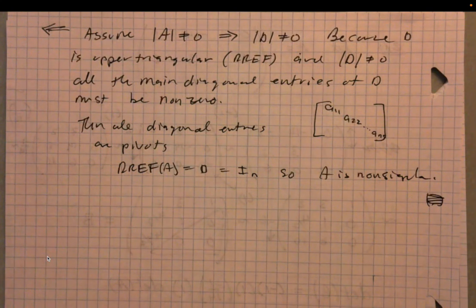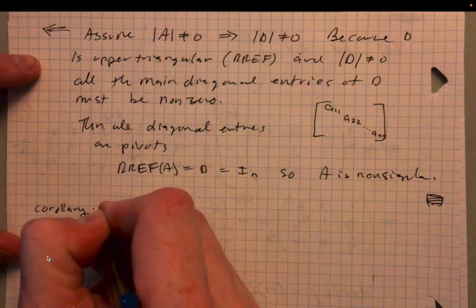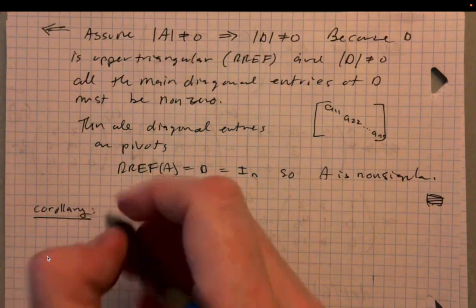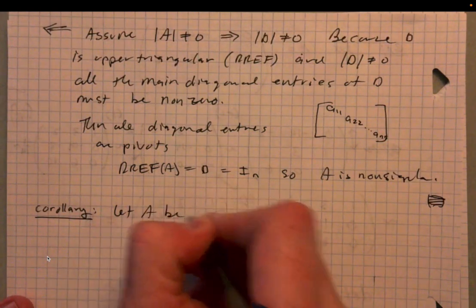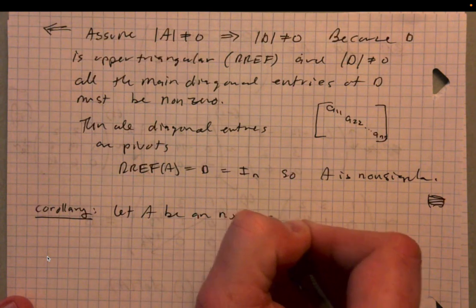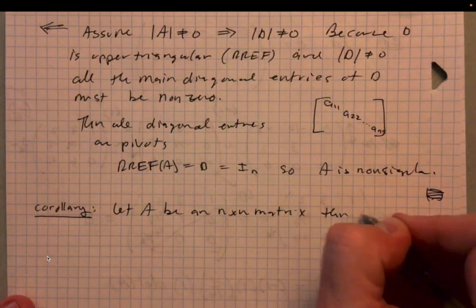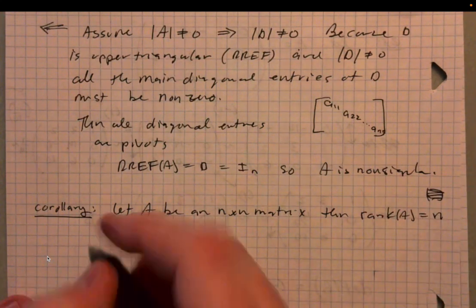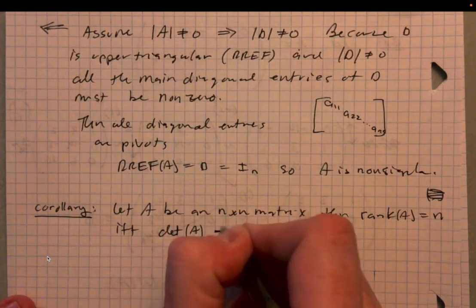And something that I don't think we've said but follows really quickly from this, and we won't prove it, but I'll state it. If A is an n by n matrix, then the rank of A is equal to n if and only if the determinant of A is non-zero.